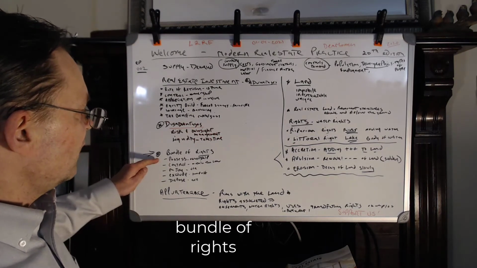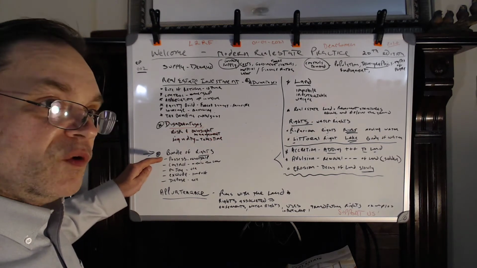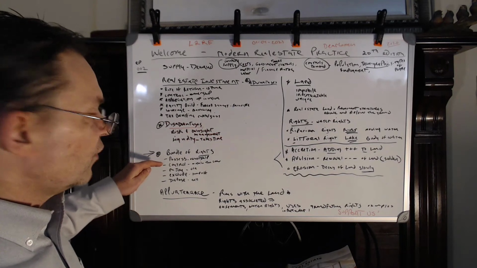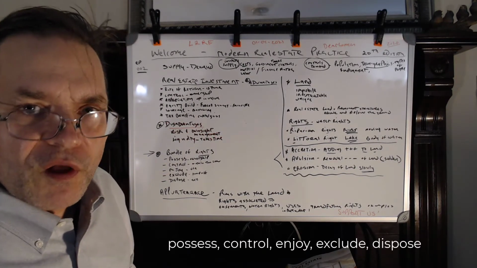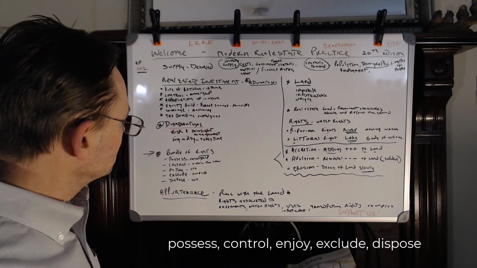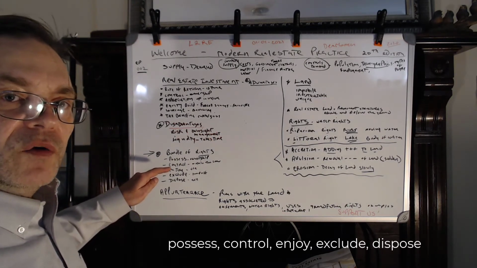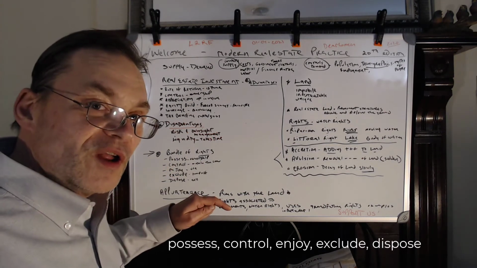It gives you the right to possess. It shows that you have ownership, the right to control within the statutes of the law, the right to enjoy and use without upsetting your neighbors.